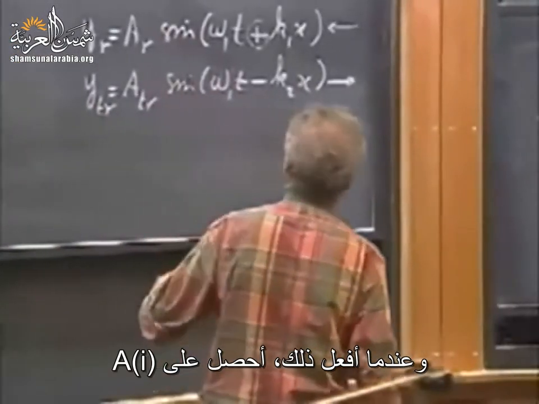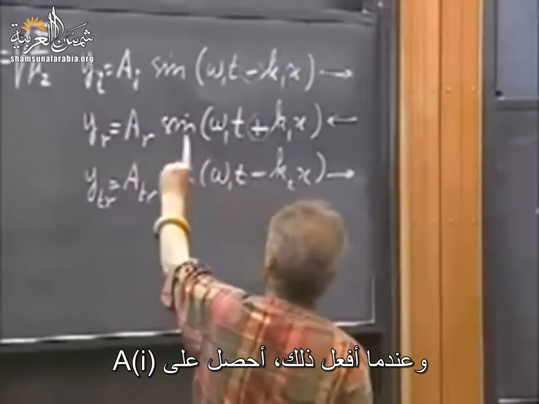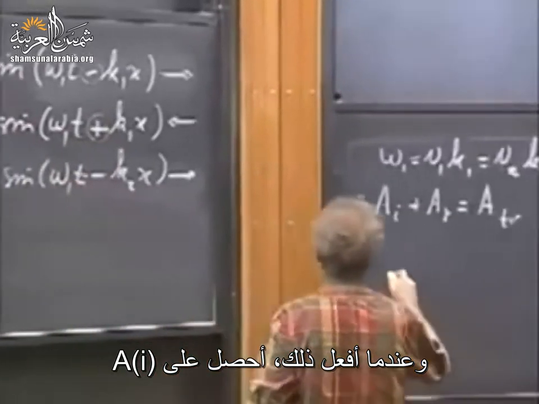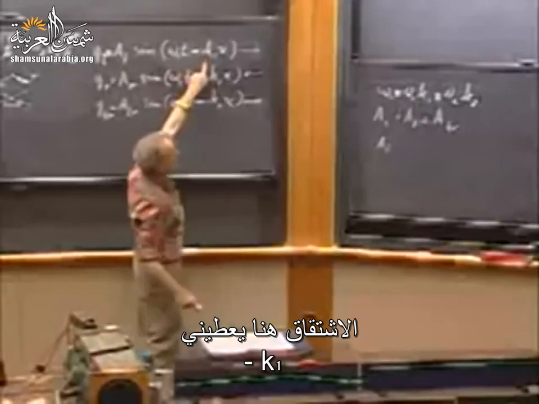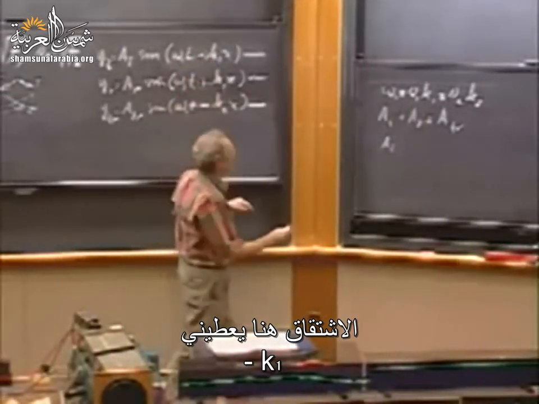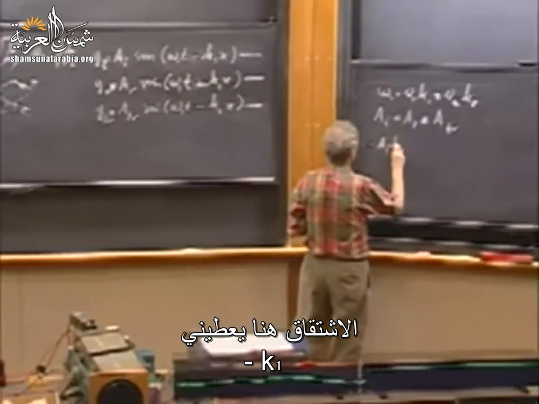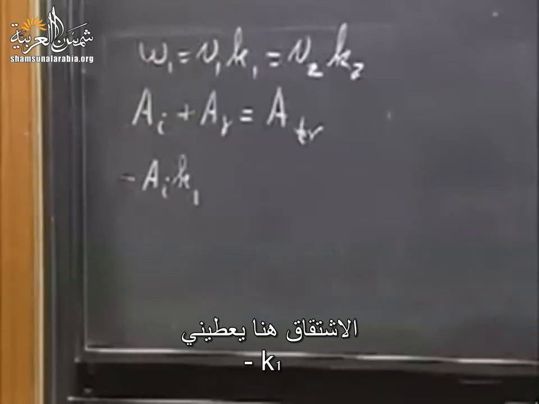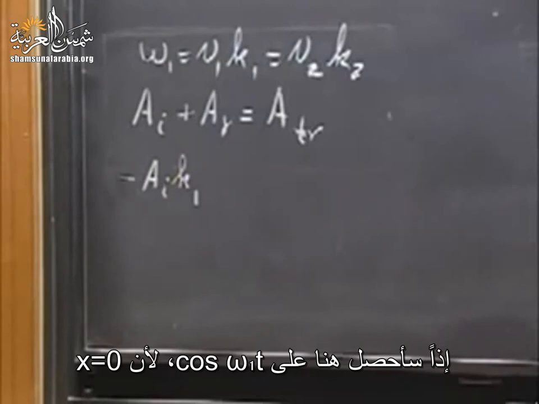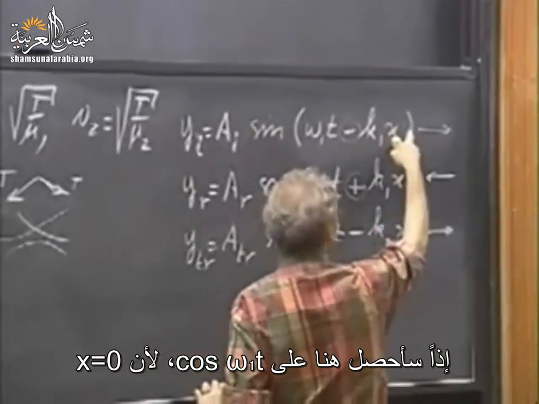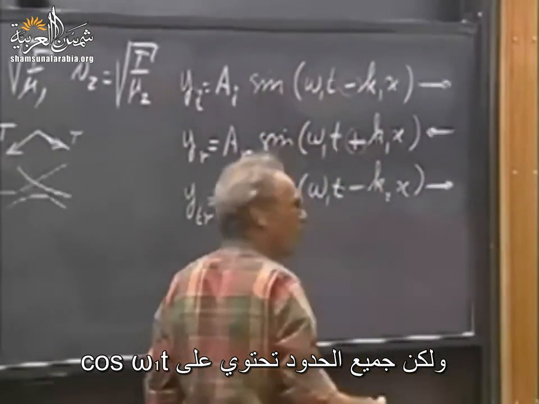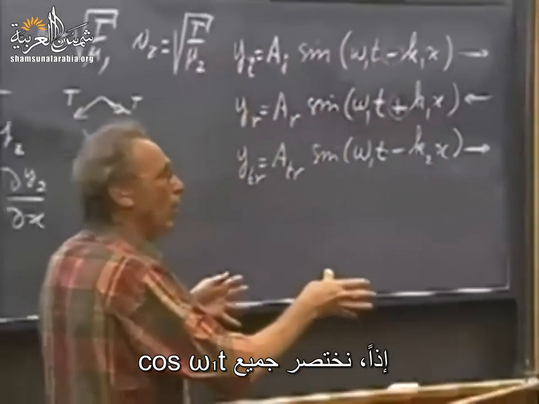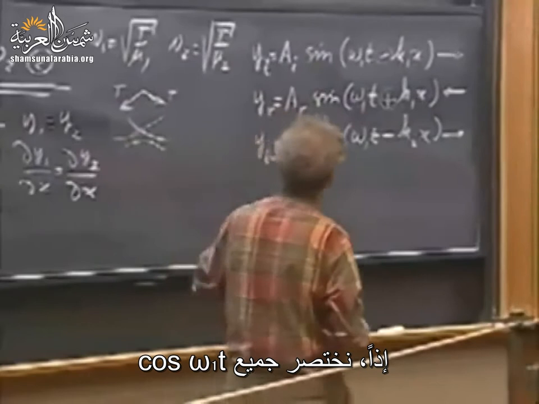And so when I do that, the first one is going to be A of I, and then the derivative with respect to x gives me a minus k1 here. And then I get a cosine of omega 1 t, because x was 0, remember. Each term will have a cosine omega 1 t, so I will dump all the cosine omega 1 t's.